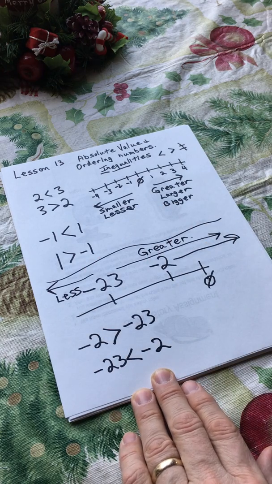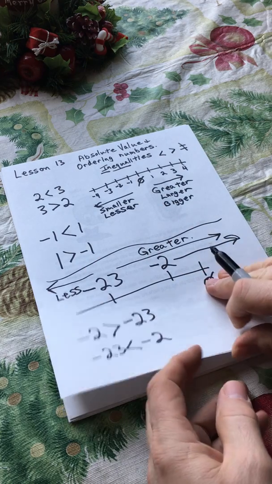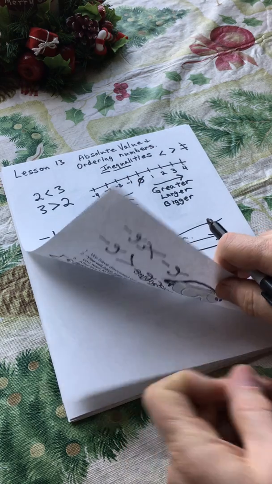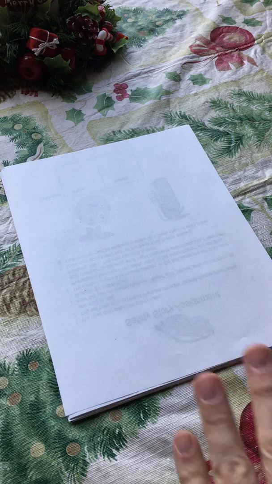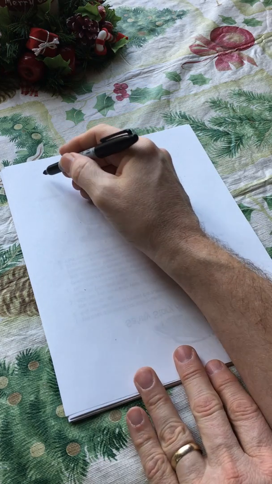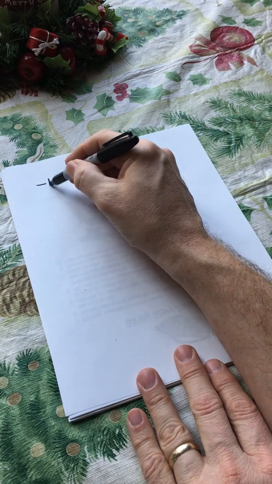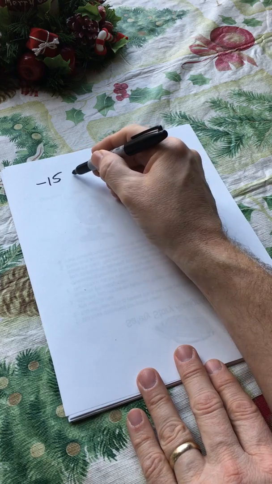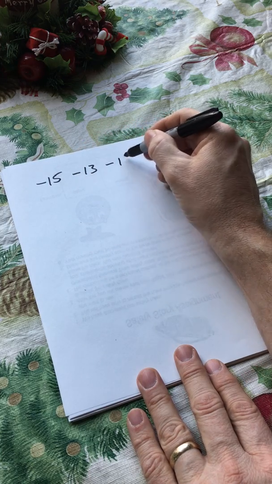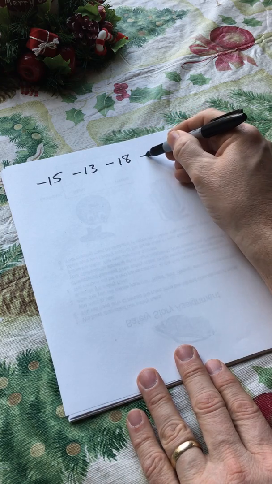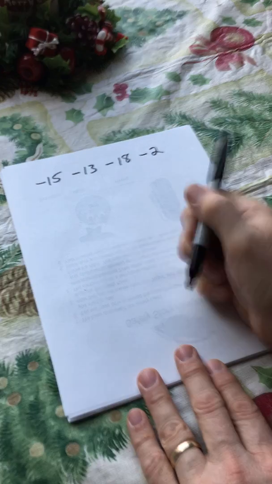Okay. So if we were to take, let me get a new sheet of paper here, and try and put a bunch of these negative numbers in order. All right, so I'm going to go with a -15, a -13, a -18, and a -2.